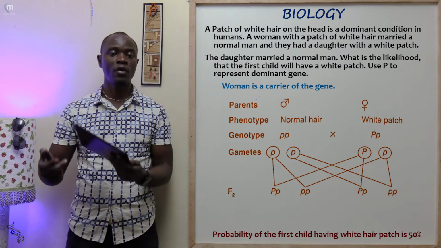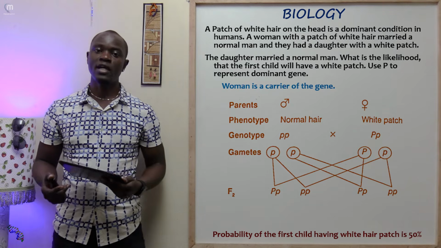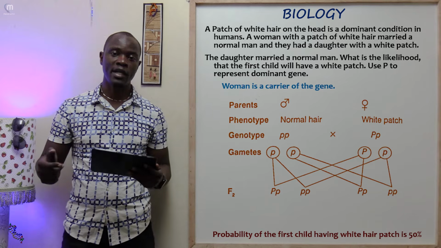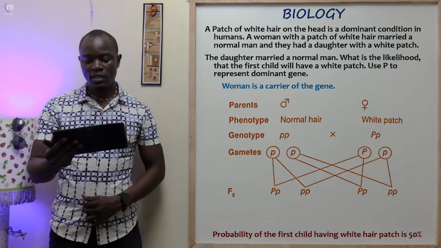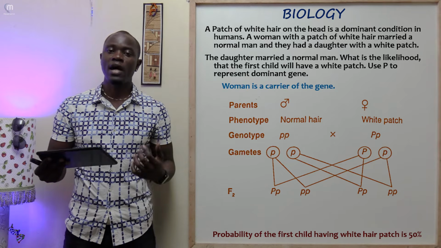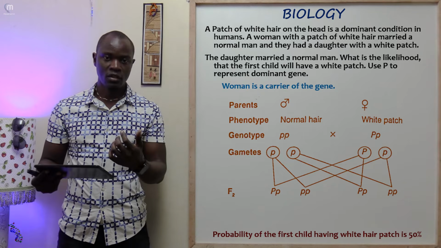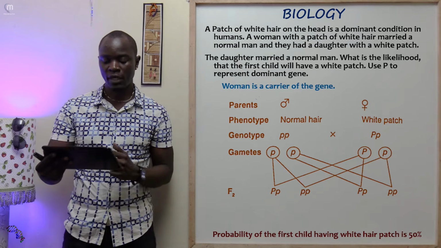So being normal in that family is a recessive condition. So a woman with a white patch married a normal man, and after marrying the normal man, the daughter they obtained had a white patch on the head.